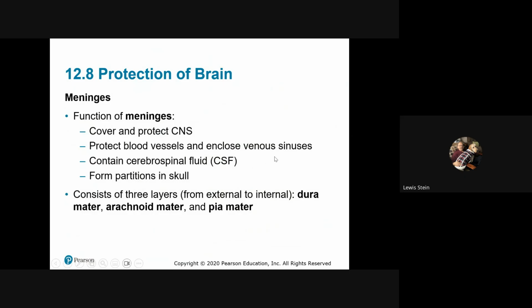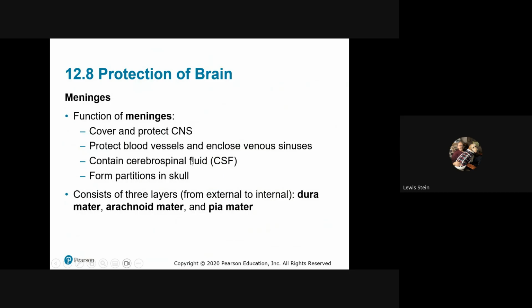The blood vessels are within them. The sinuses are within them. Those are areas where the blood flows, and sinuses are like flat, wide veins. So all the blood in there is enclosed, as it's returned to the general circulation, goes back to the heart, protects it. Okay, it forms.